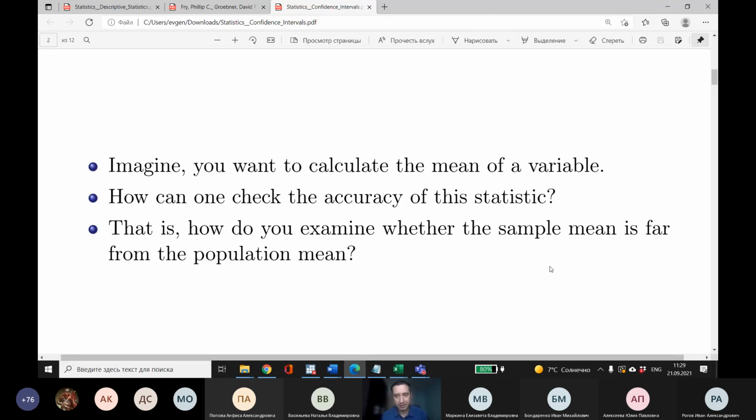We should check whether the sample mean is far from the population mean. The population mean is the most accurate number we can get from our data because it is the population. Well, a sample, anyway, is a sample.